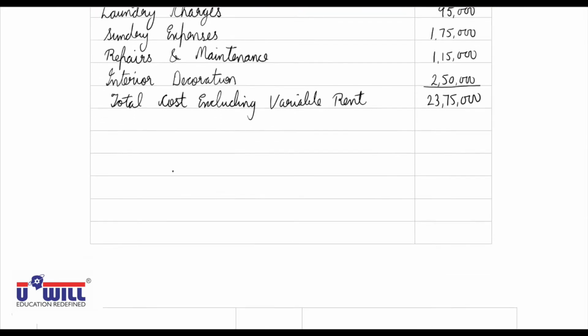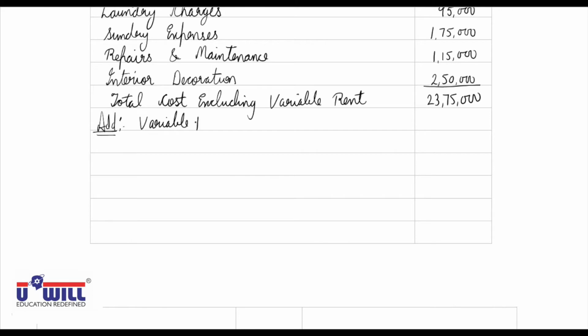Now to that we will add variable rent, which we don't know right now. So we will keep it blank, pending, and then what we will get is total cost including variable rent.